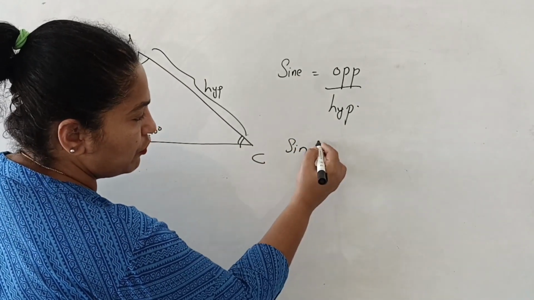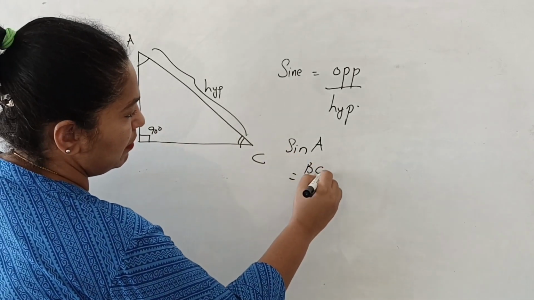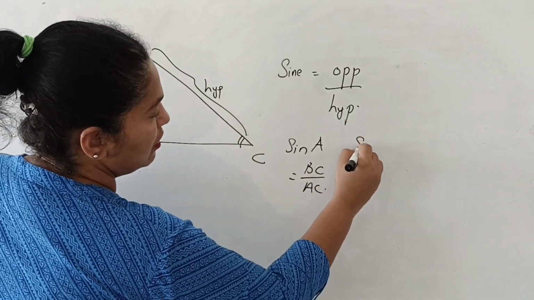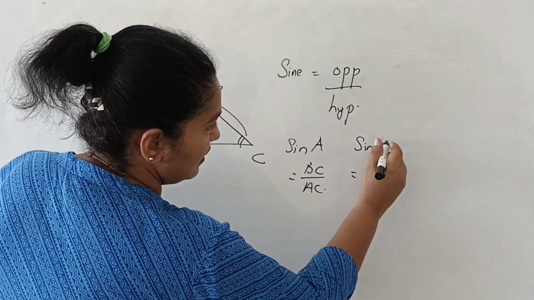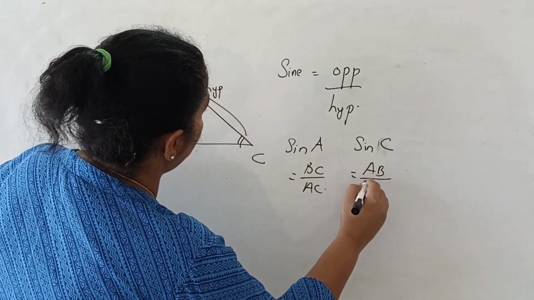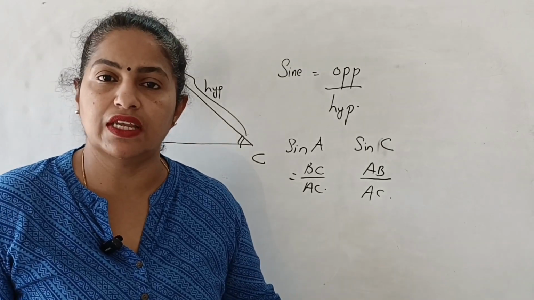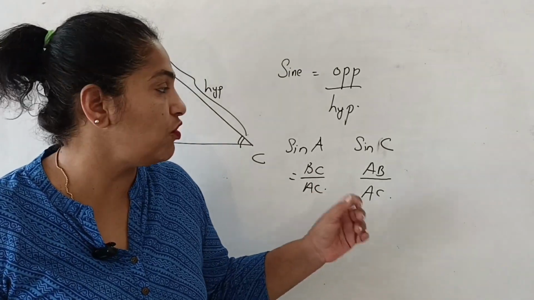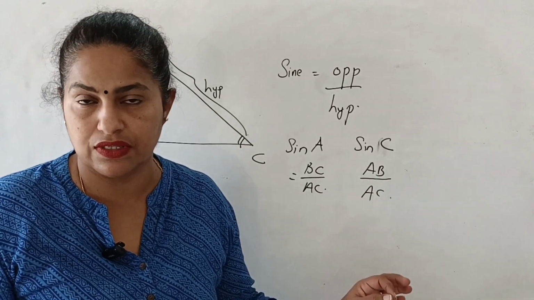I am going to use the short form, this. Okay. Opposite side by the hypotenuse. And what is sine C? It is AB by AC. Okay. So, using the definition, we have written down the values of sine A and sine C by naming the sides. We do not know the length of the sides.